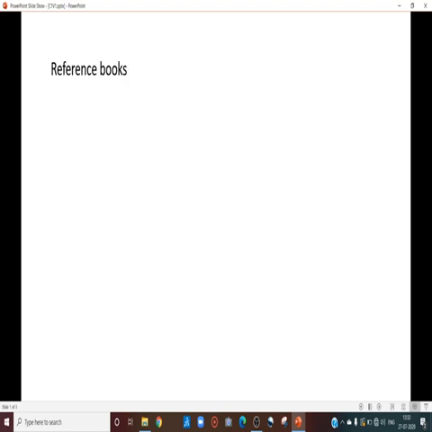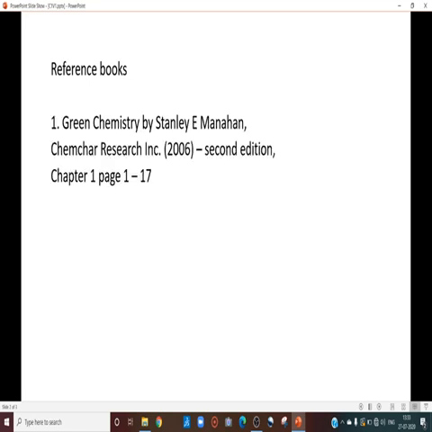Now, before going to discuss all those topics, I would like to bring to your notice the reference books to be used for this chapter. First is Green Chemistry by Stanley E. Manahan, which is a ChemTech Research Production, and it's the second edition. Chapter 1 of this book, pages 1 to 17.